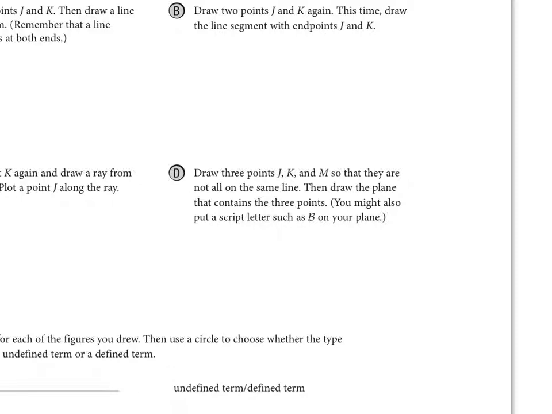If I actually ask you just to do this on your own, yours is probably going to look different than mine. But you just draw your point J, point K, and your third point just needs to be anywhere except for this imaginary line that's going through JK. It can't be on that imaginary line. So I'm just going to put it down here somewhere. There's my point M.